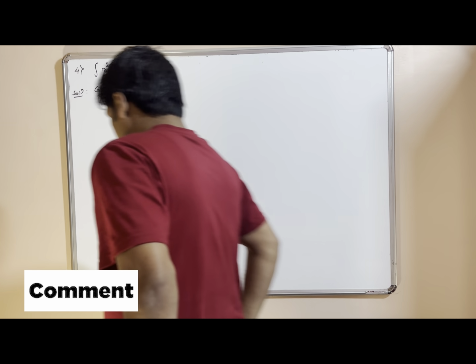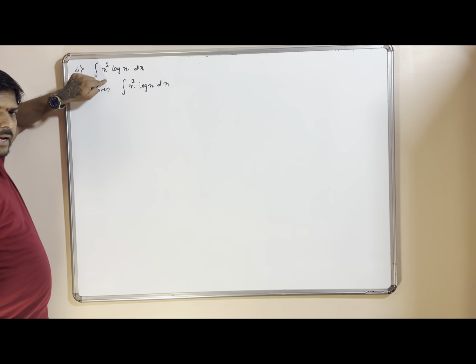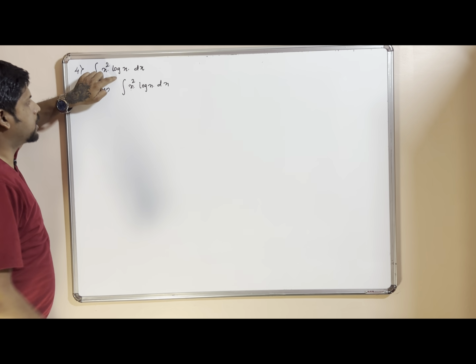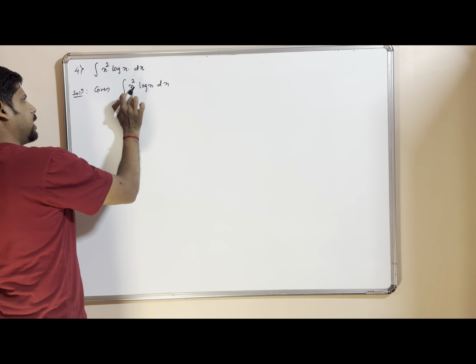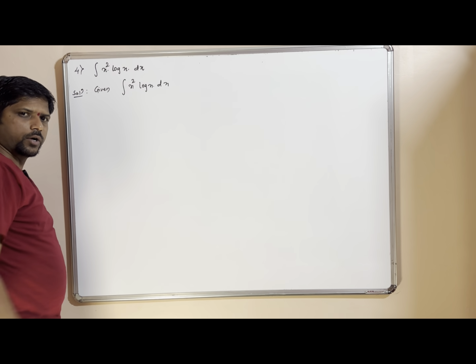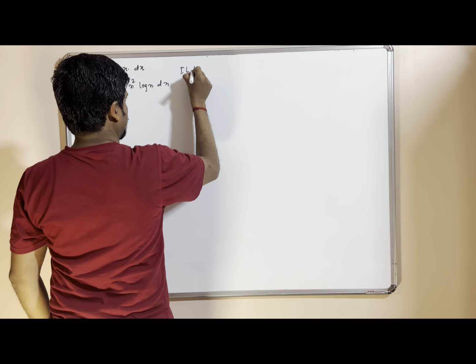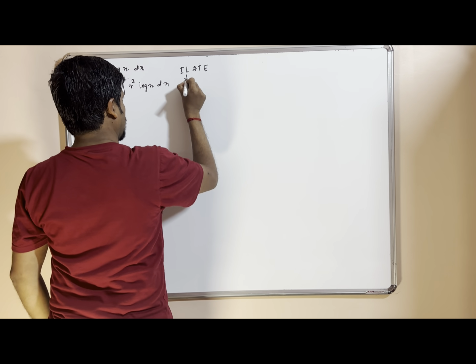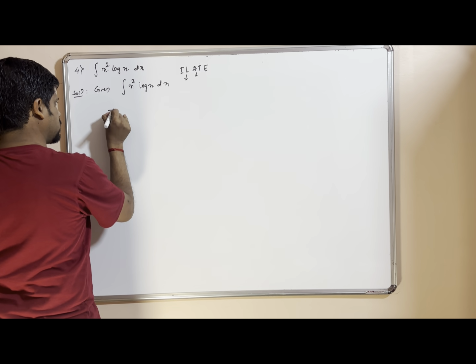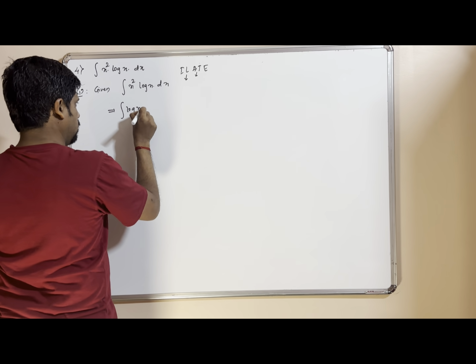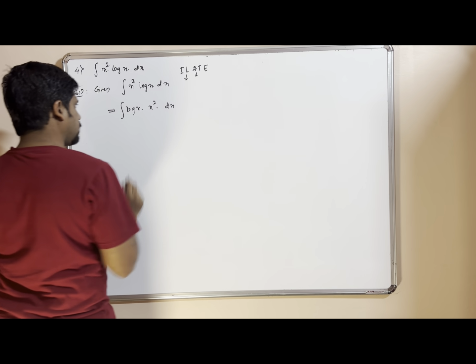Same problem: previously it was x, now here we have x square into log x into dx. So given is the integration of x square into log x into dx. Again highlight the rule, first logarithm function, second algebraic function. So this can also be written as log x into x square into dx.